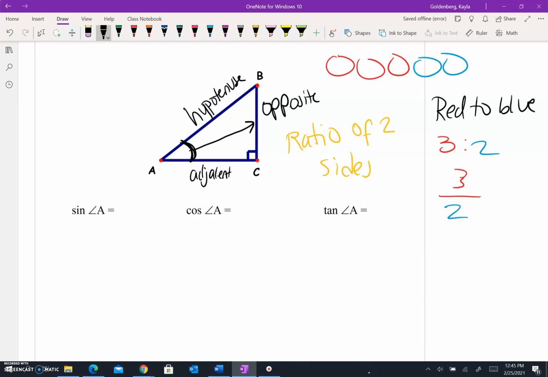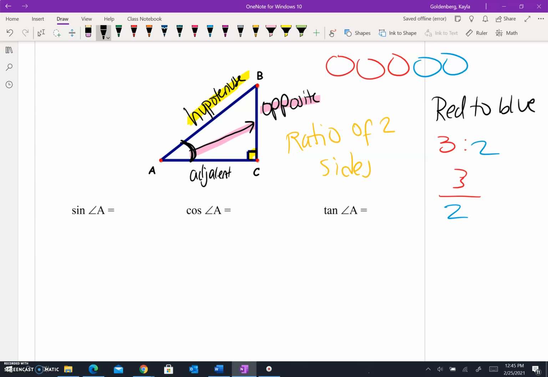So you have the hypotenuse, which remember that's always across from the right angle. The opposite is across. And then adjacent is the side that is next to angle A, not being the hypotenuse, right? That one's kind of its own thing. So using A's perspective, sine, cosine, and tangent, all they are is just fancy notation for telling you a certain ratio.